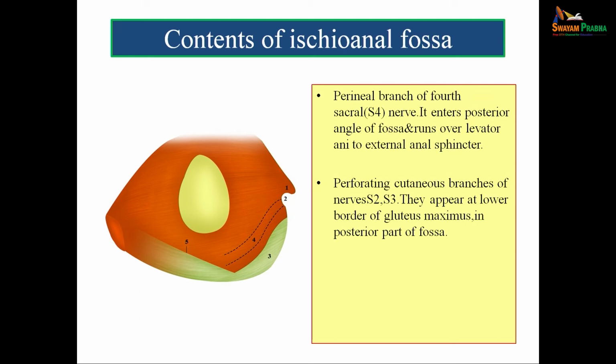Another content of the ischioanal fossa is the perforating cutaneous branch of S2, S3. They appear at lower border of gluteus maximus in the posterior part of the fossa. So all these are components of the ischioanal fossa: perineal branch of fourth sacral nerve, perforating cutaneous branches of nerves S2, S3, pudendal canal, the fat and the inferior rectal nerve.